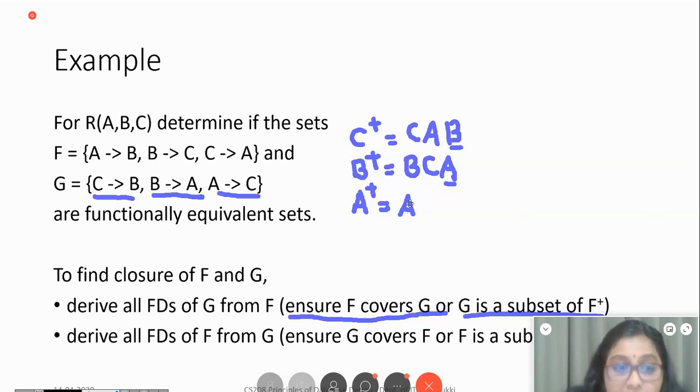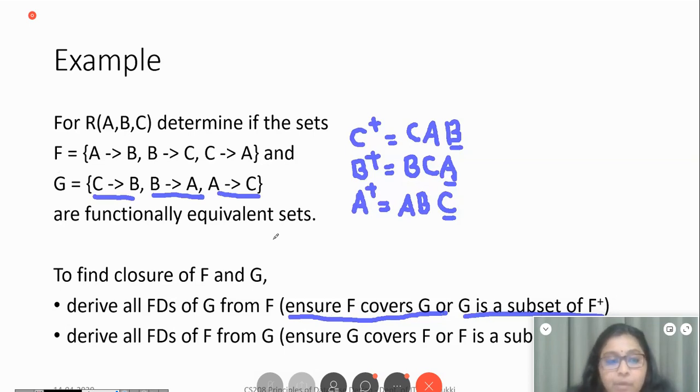A closure has got A and A determines B, so I have got B. Then B determines C, so I have got C. So A determines C is the rule that we are looking at now, and because the right-hand side attribute is in the closure set, A determines C. This FD can also be inferred from the FDs in the set F. So by this we can say that F covers G, or G is a subset of F plus.